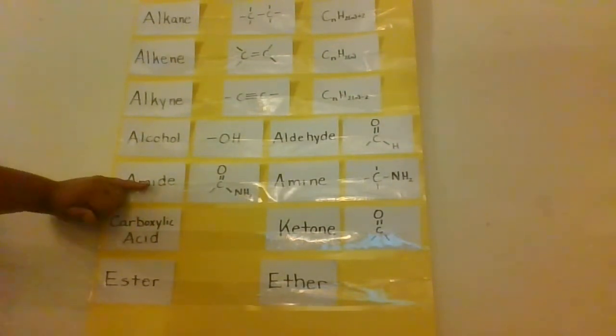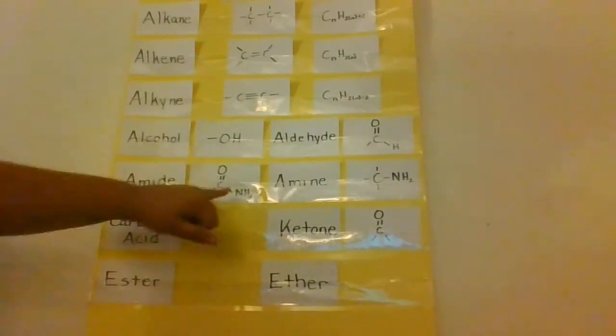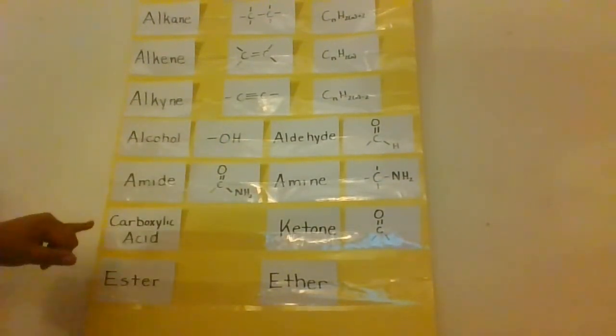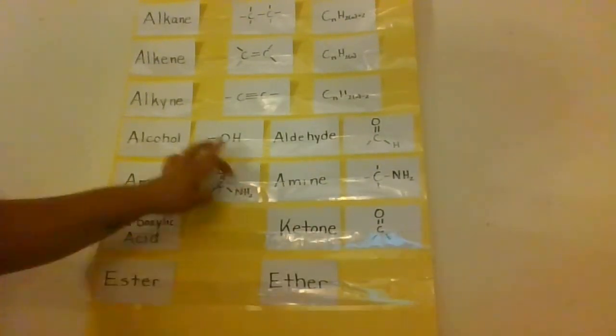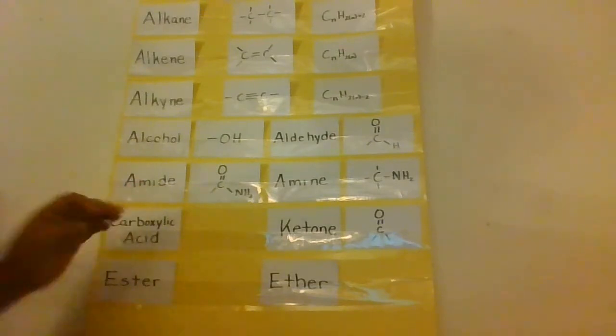So if we think about how oxygen changes the naming, we're going from an amine to an amide. This amide contains that oxygen to change that whole word from amine to being oxygenated, and it's an amide at this point.